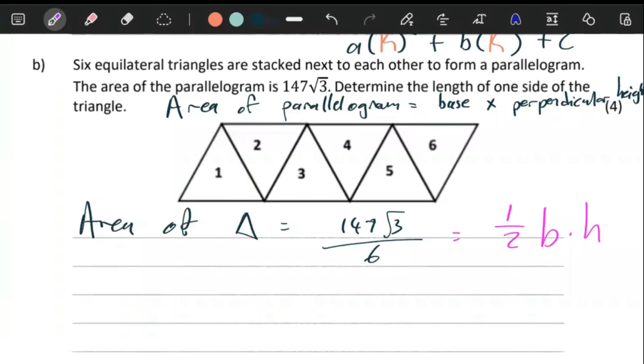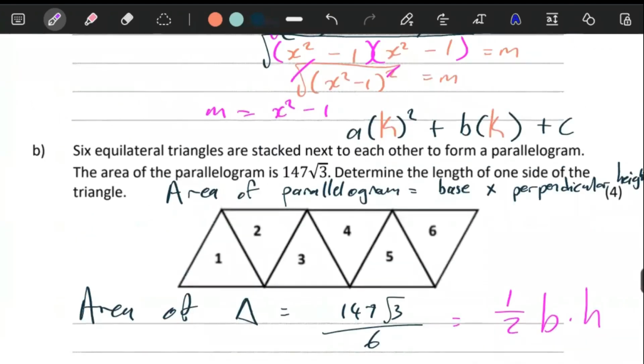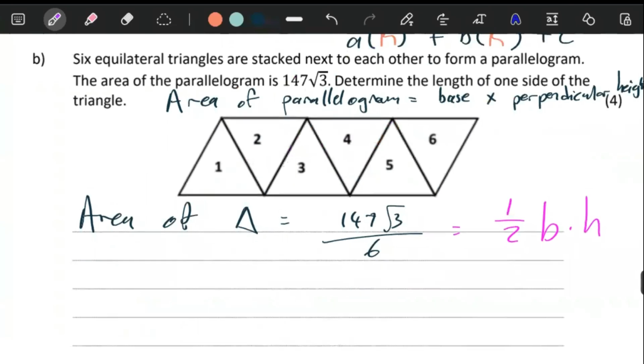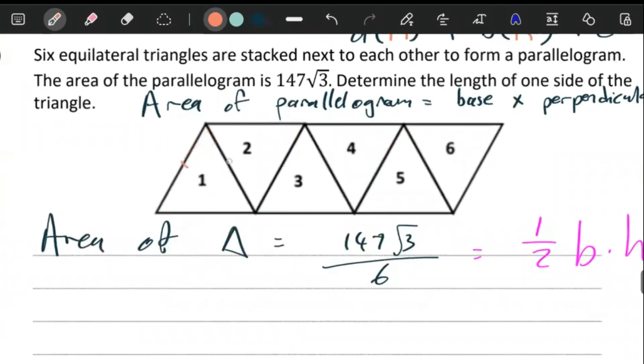So without overthinking this question, we want to keep in mind that we wrote down the area of a parallelogram over there. And the one other thing that we want to keep in mind is, remember we said that all the angles and all the sides of your equilateral triangle are equal to each other. So automatically you know that this is 60 degrees, this is 60 degrees, and up there is 60 degrees.